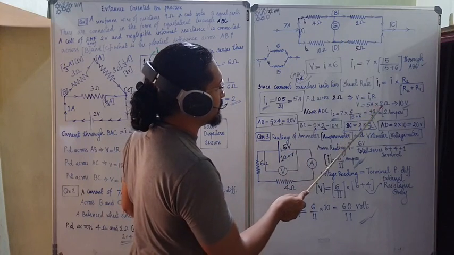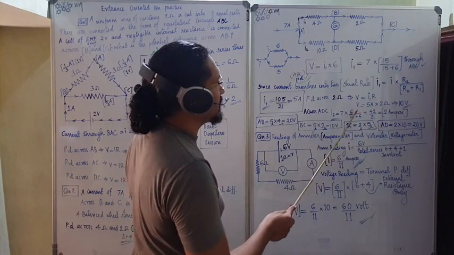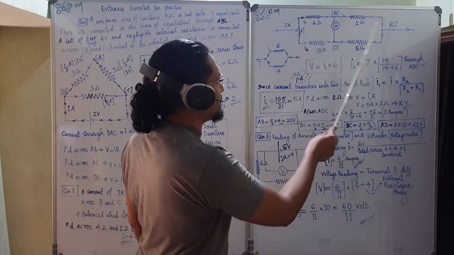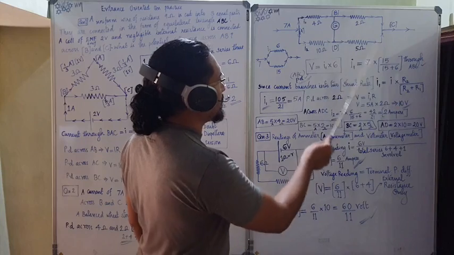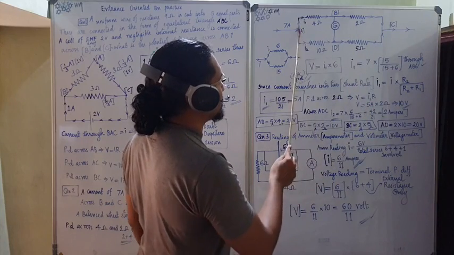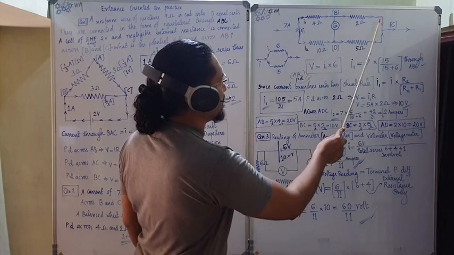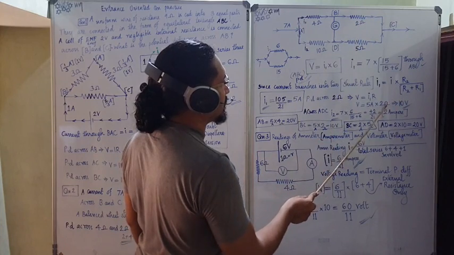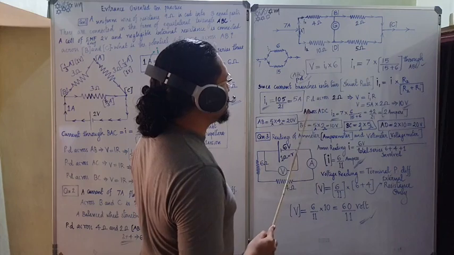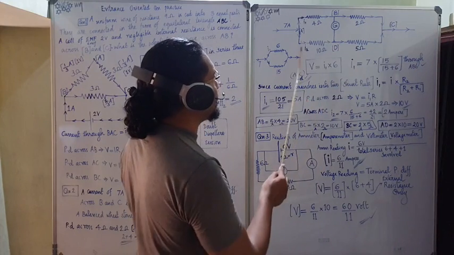That is I into R, 5 into 2 ohm, is equal to 10 volt. The voltage over the BC section is 10 volt. 5 ampere is flowing through here, and the resistance offered is 2 ohm. That is 10 volt.